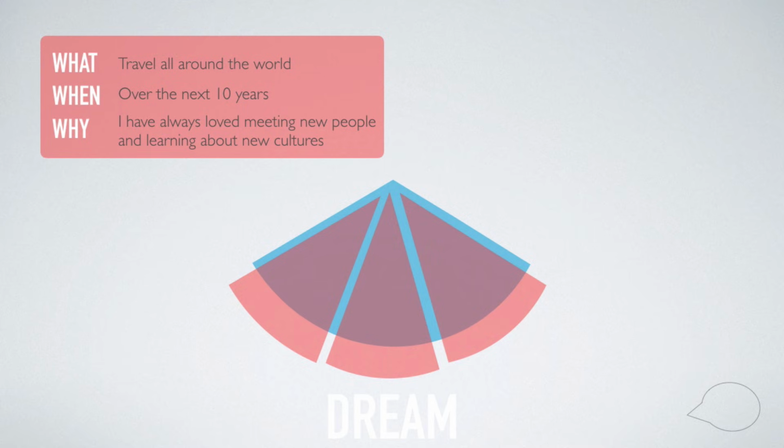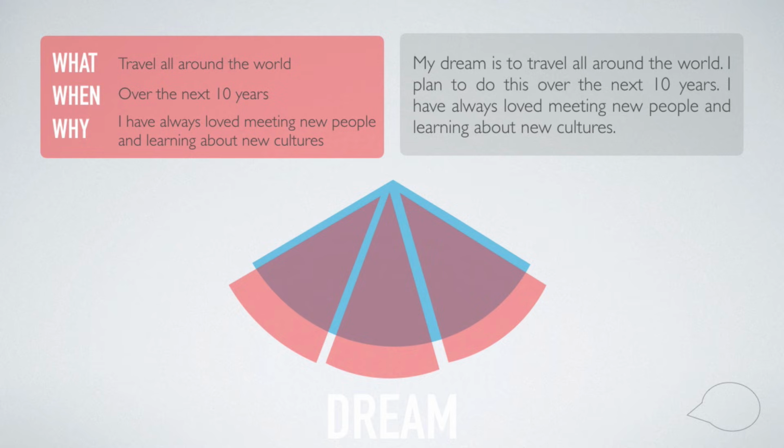Now this is how Part 3 would sound. My dream is to travel all around the world. I plan to do this over the next 10 years. I have always loved meeting new people and learning about new cultures. This is also a very clear and concise way of introducing yourself for Part 3.